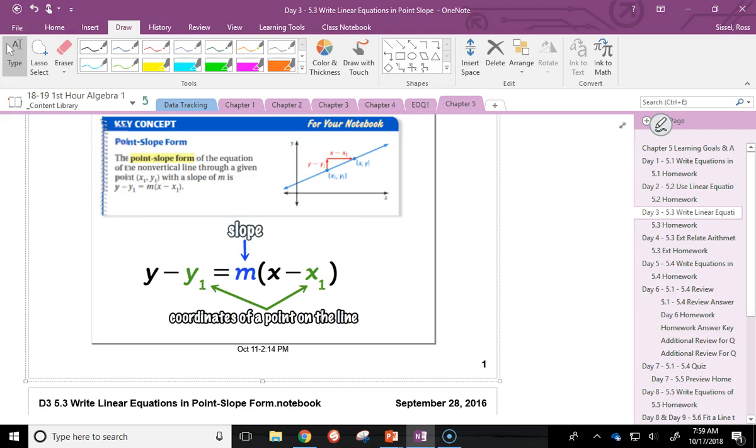This is what point slope looks like: y minus y1 equals m, and then in parentheses, x minus x1. We're definitely going to be using coordinates from the first x and the first y. And notice where they are. Okay?